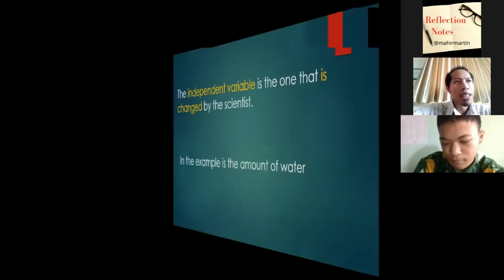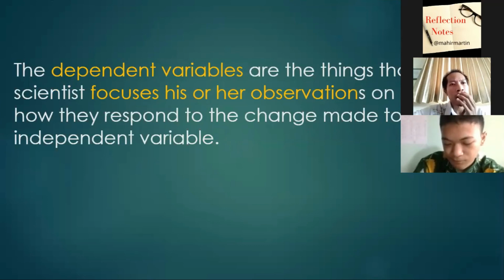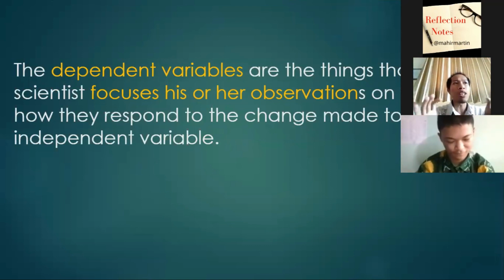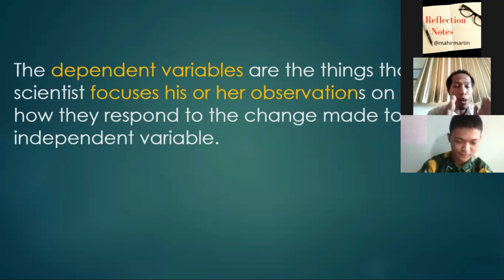The second classification of variable we call dependent variables. What is important in dependent variables? The dependent variable is the variable that you want to focus on, the one that you want to measure, where you want to see the change. So the main focus of the experiment is the dependent variable.